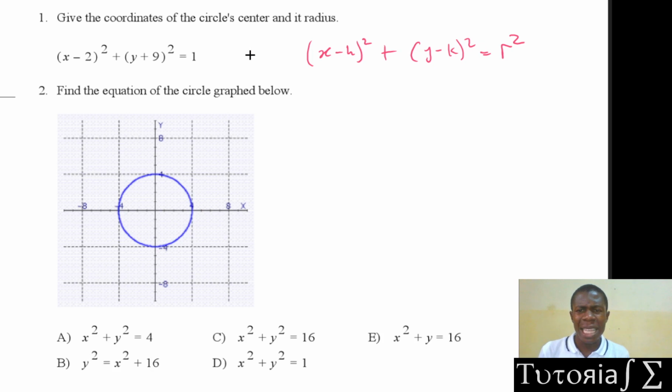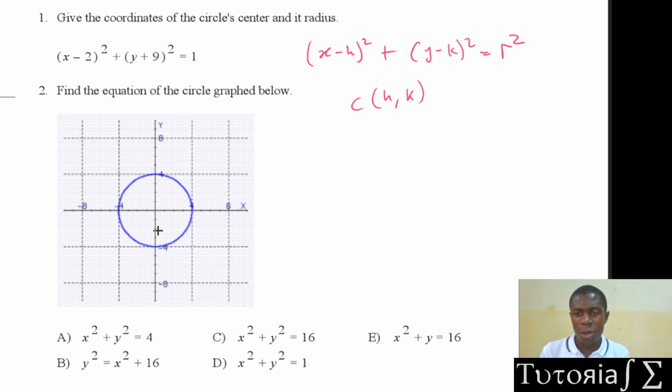So to find the center and the radius, you just compare and equate. The center is in the form h comma k, and you use r squared to find the radius.